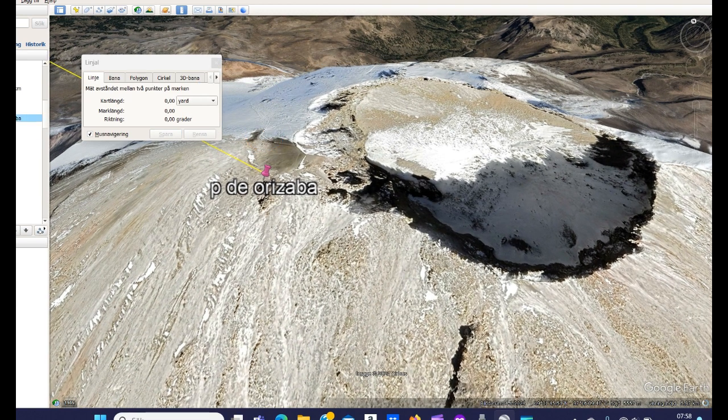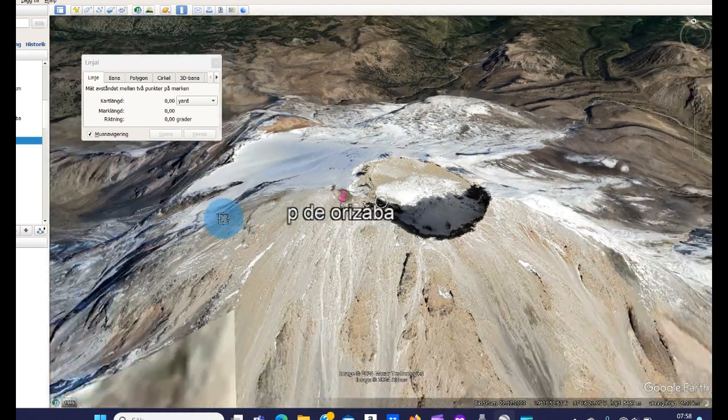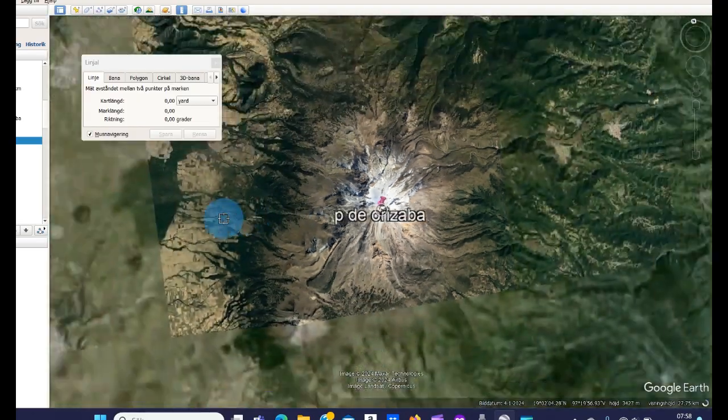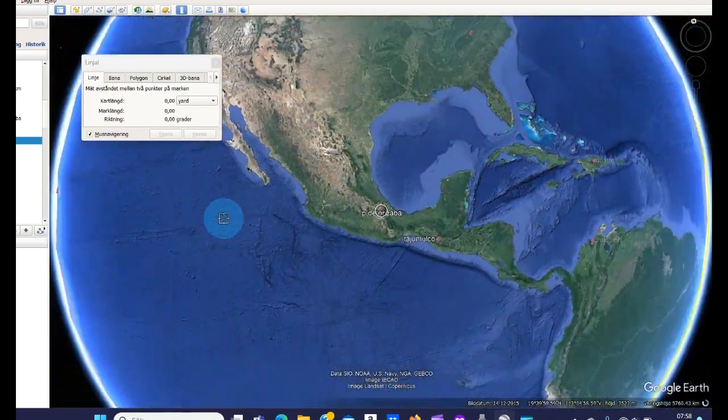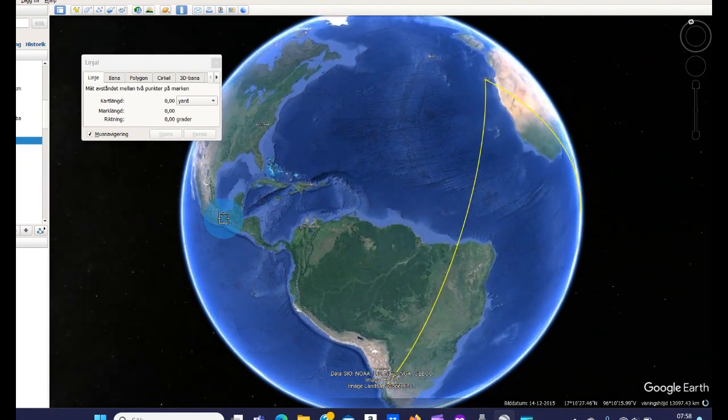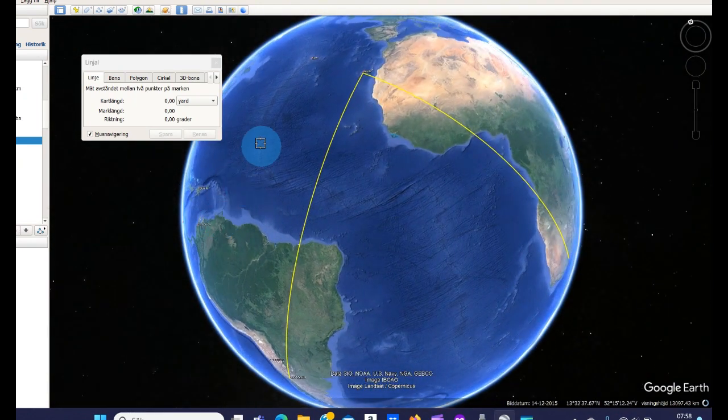Let's take them away and zoom out and look at the third pair, where we will measure from Mount Teide to Mount Aconcagua and Tabana Ntlenyana, these two distances, and first in meters from Mount Teide to Mount Aconcagua.